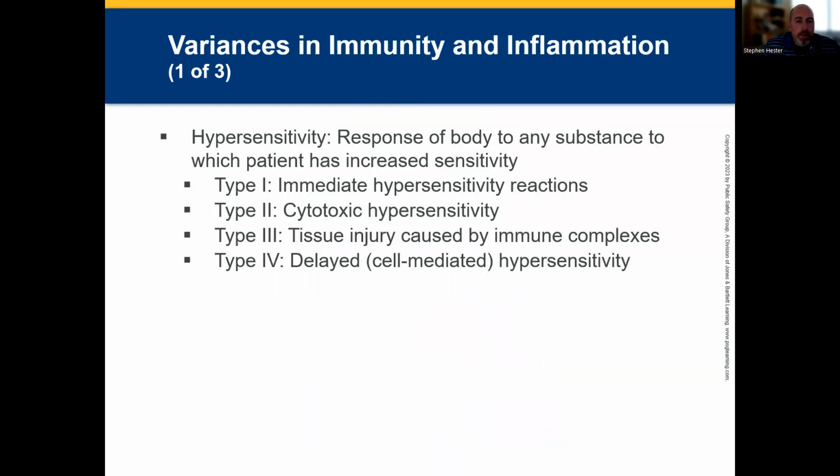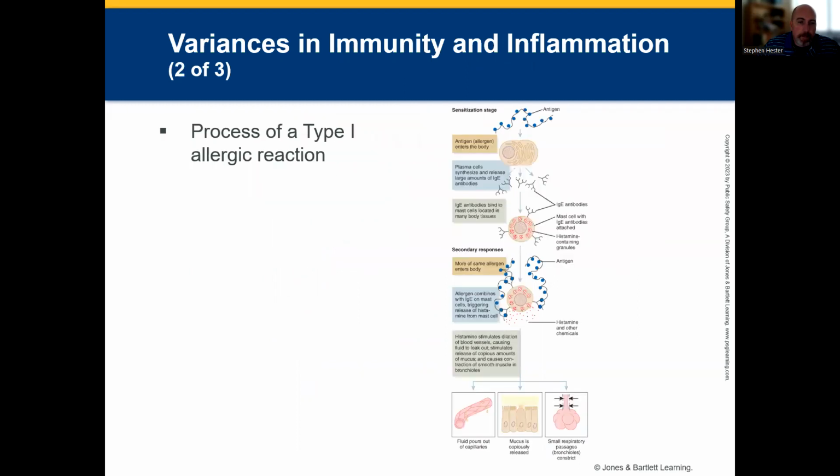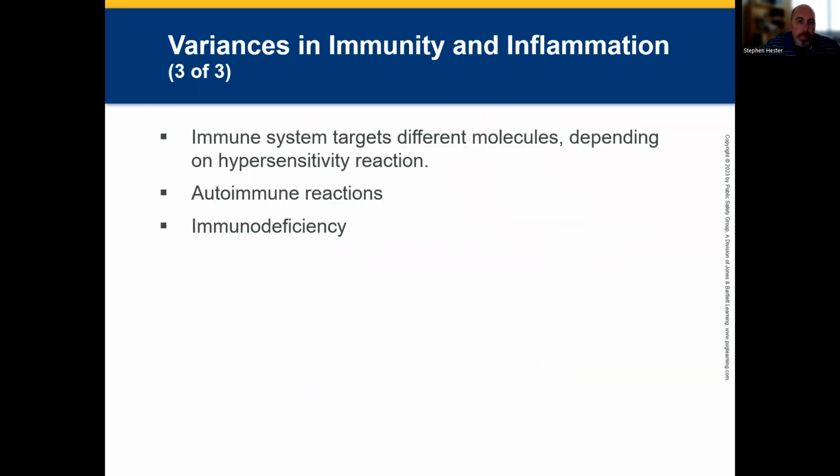Okay, there's hypersensitivity, the response of the body to any substance to which the patient has increased sensitivity. So the body does act a different way. And then the allergic reaction response. The immune system targets different molecules depending on the hypersensitivity reaction.